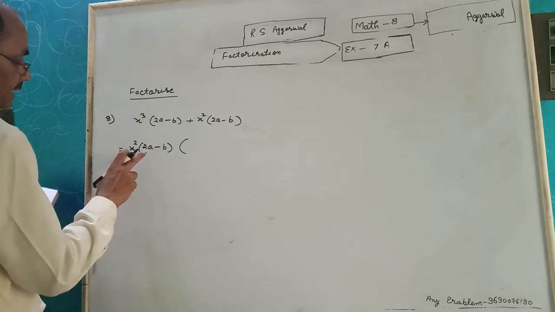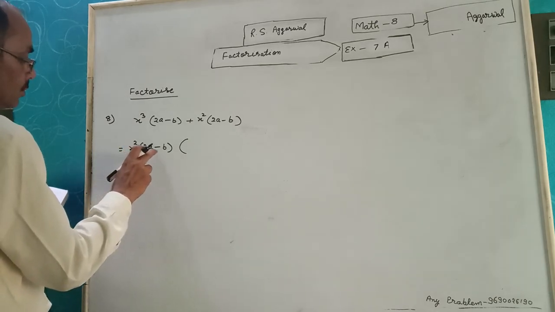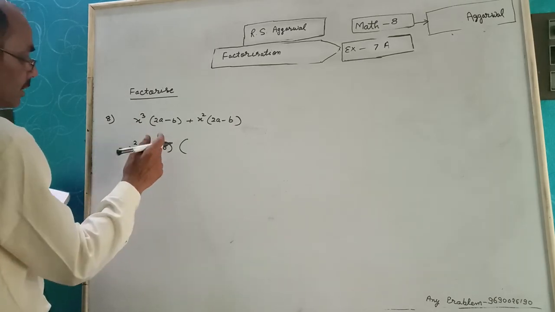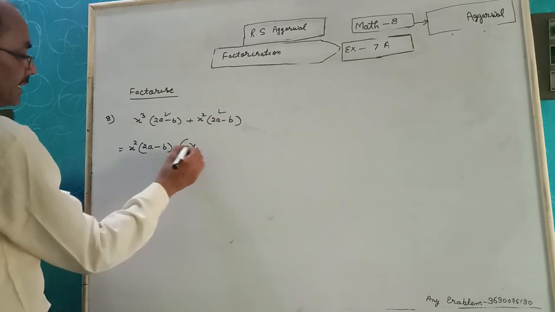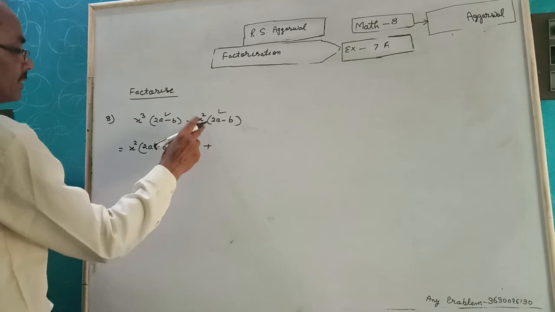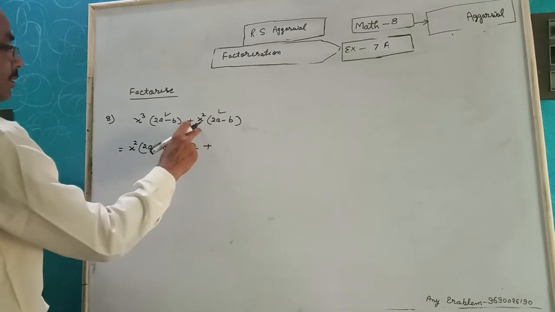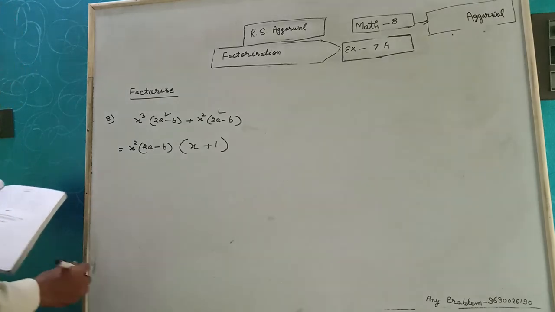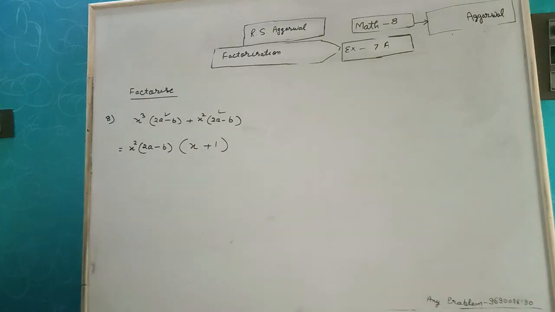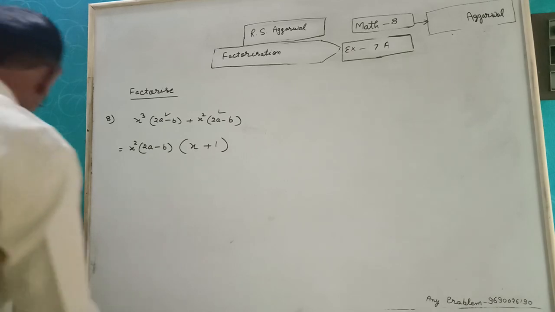Common will be x square bracket 2a minus b. After common x square, remain x plus 1. Question number 8 is complete.